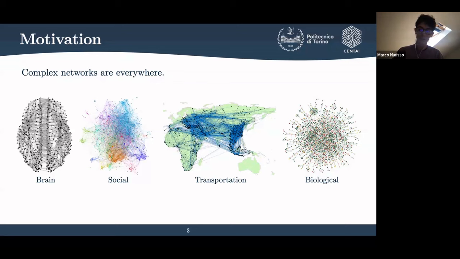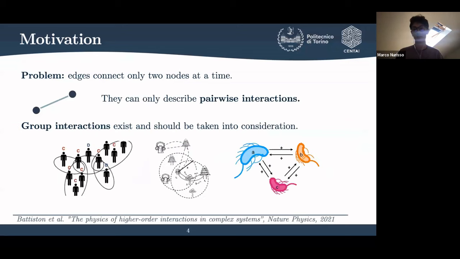And in recent years, there has been a great amount of interest in something called higher order systems. This stems from the observation that networks have a limitation: they are made of nodes and edges, and edges can only connect two nodes at a time. This is what is called a pairwise interaction.